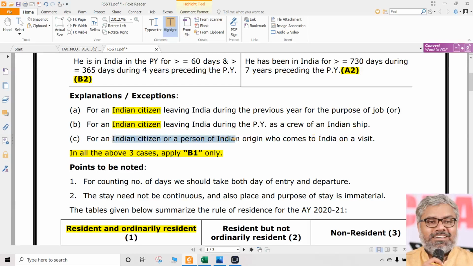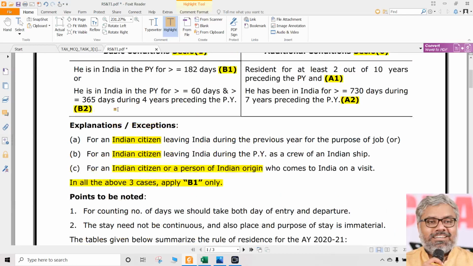Same way, an Indian citizen or a person of Indian origin who is coming to India on a visit. In any of these three cases, we will not apply basic condition number 2. We will apply only basic condition number 1. So basic condition number 2 is not at all applicable in these three exceptional cases.